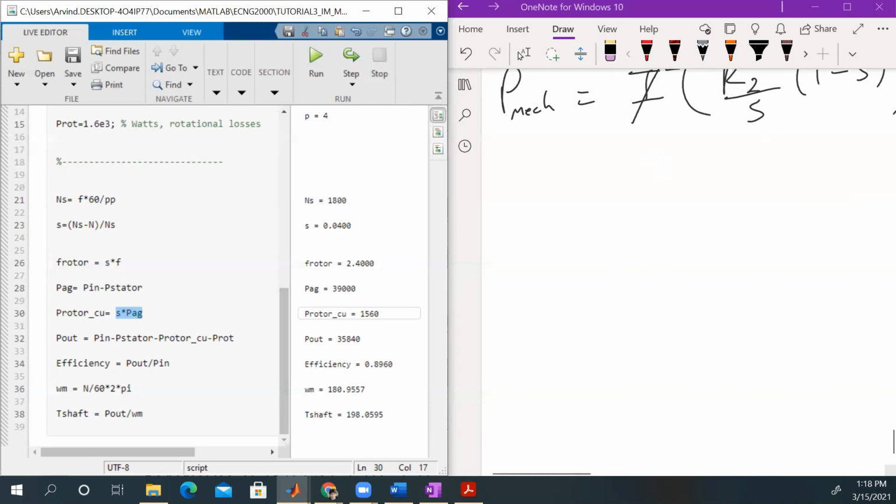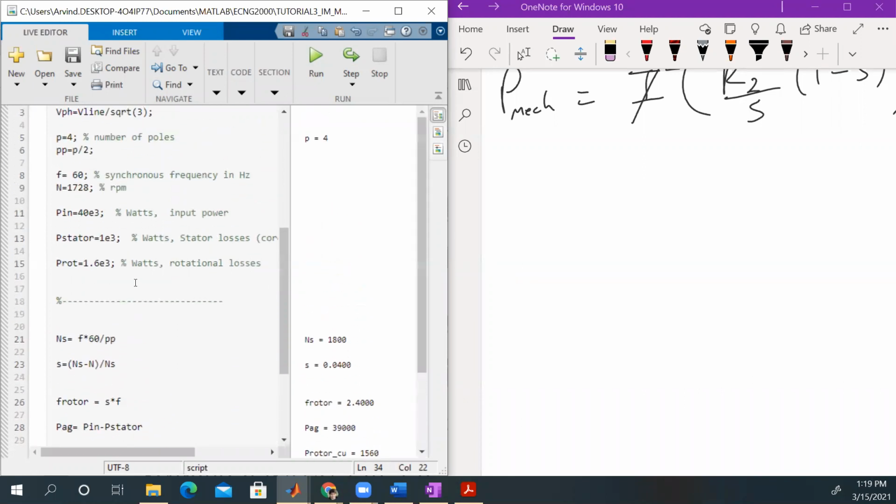The next thing we need to find is the efficiency of the motor, and of course, efficiency is P out over P in, right? So we want to find what P out is. We already know what P in is; we were given P in as 40 kilowatts. So we need to find P out. P out is simply P in minus the losses.